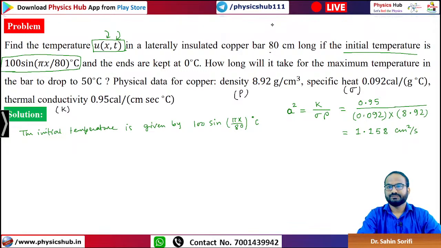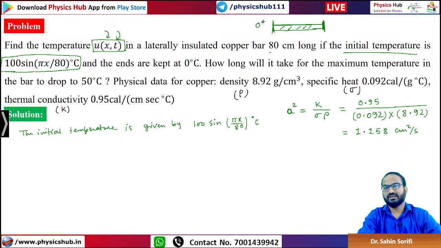This is obviously a one-dimensional bar which we considered. This bar is 80 centimeter long, and as usual the two ends are kept at 0 degree centigrade. What does it mean?